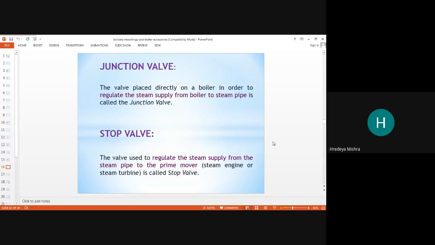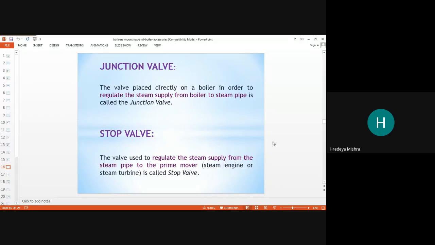So stop valve, what happens? In the steam turbine, we need high velocity steam. And how is high velocity steam generated? High velocity steam is generated from high pressure steam. So what can the stop valve do? The stop valve stops the steam supply if pressure is not sufficient.